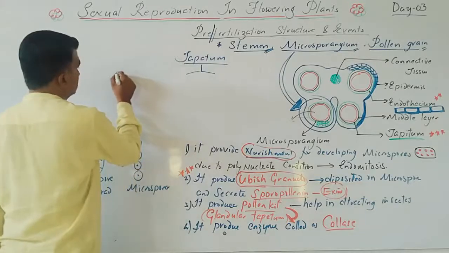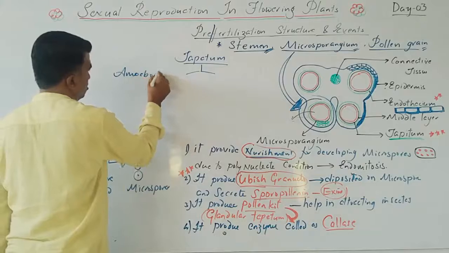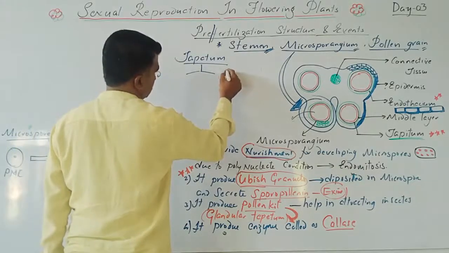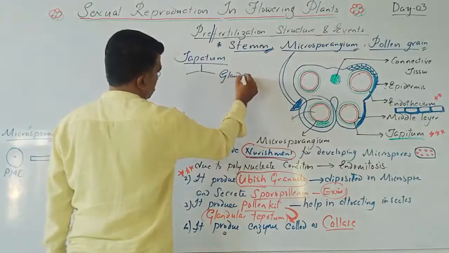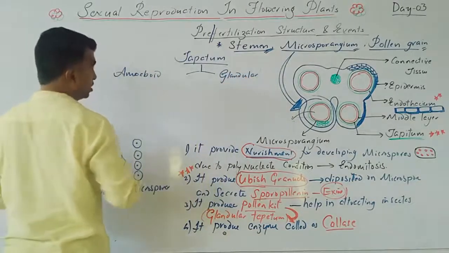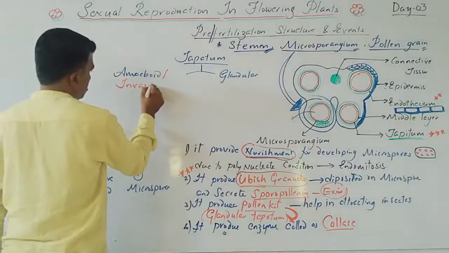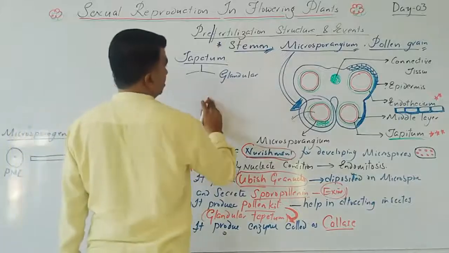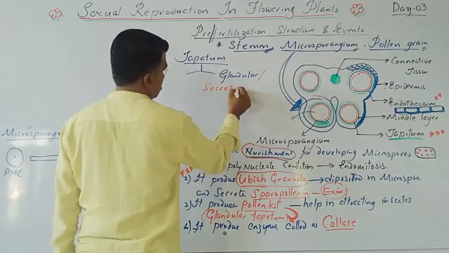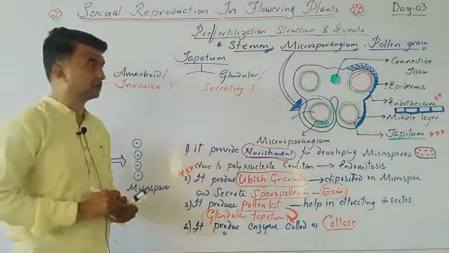One is the amoeboid tapetum, and the second one is the glandular tapetum. Amoeboid tapetum is also called invasive tapetum. Glandular tapetum is also called secretory tapetum. There is a difference.